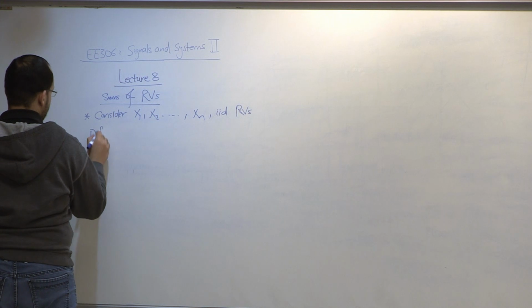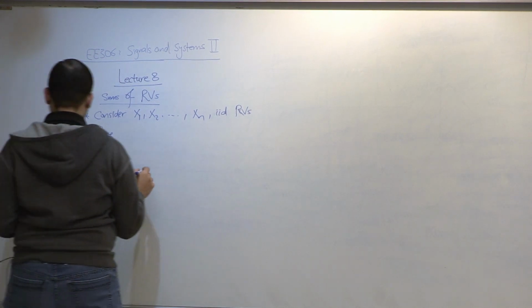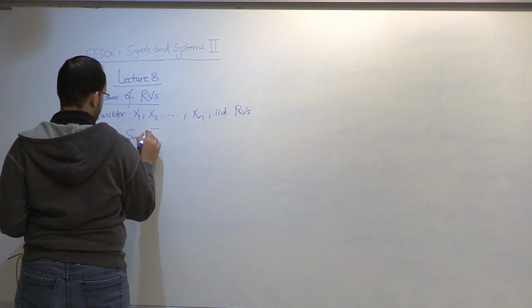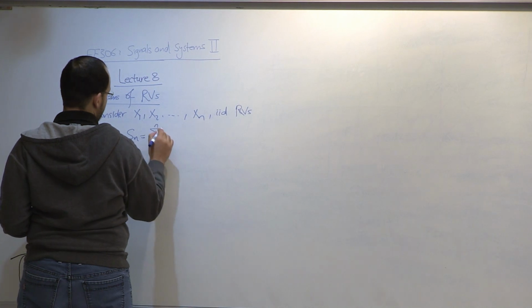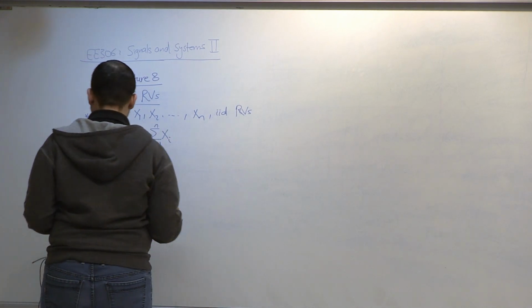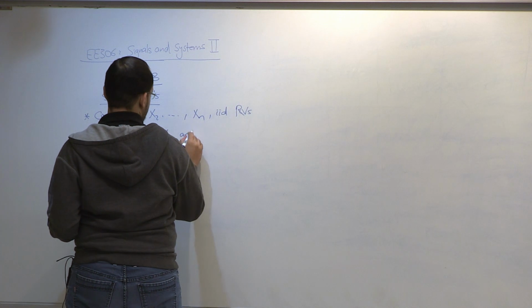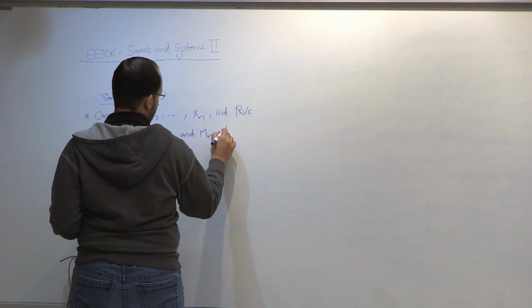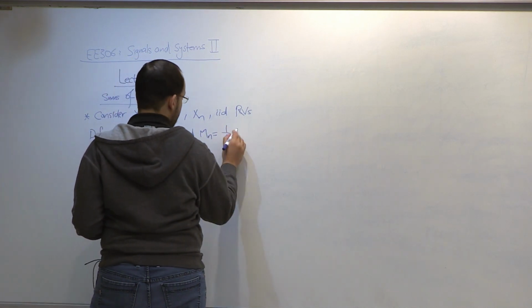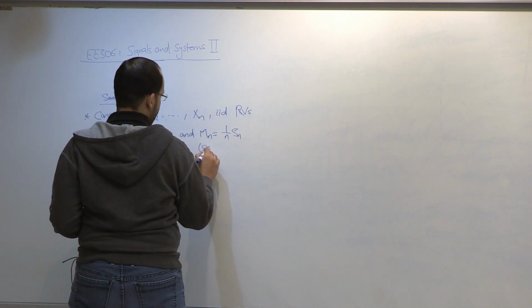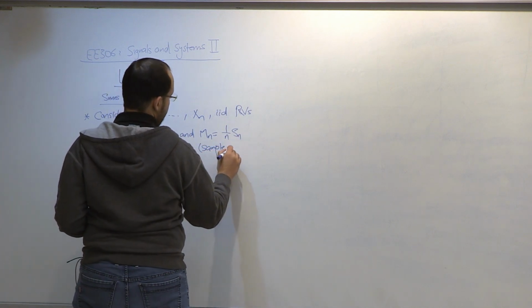And then we define the following quantities: Sn equals the summation from i equals 1 to n of Xi, and Mn equals 1 over n times Sn, also defined as the sample mean.